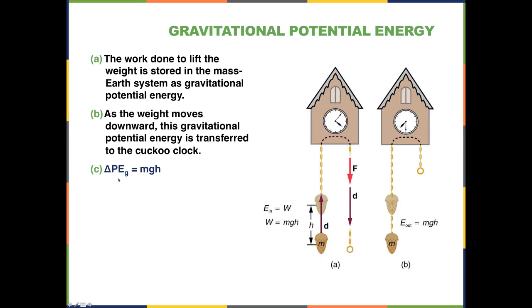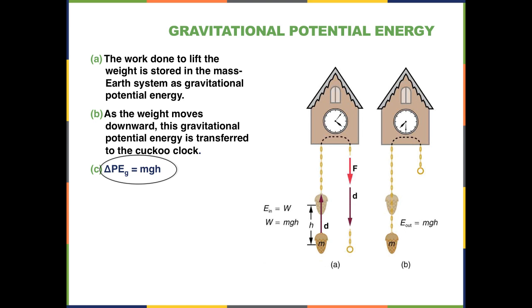So gravitational potential energy is equal to the mass times gravity times the difference in height of when the weight started and when it finished. And that's a formula you need to keep in hand.